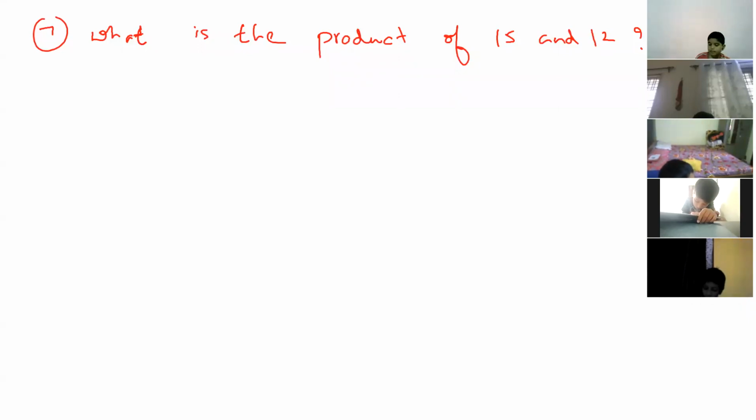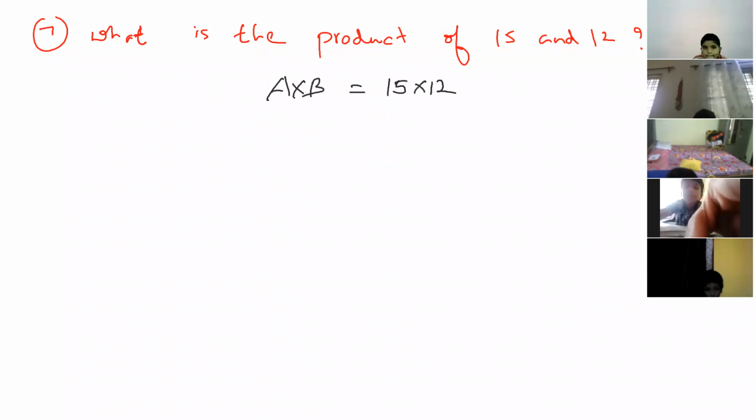Rishik, unmute yourself. What will you do? Ma'am, A into B. No, what is the product of 15 and 12? You have to multiply these two only.